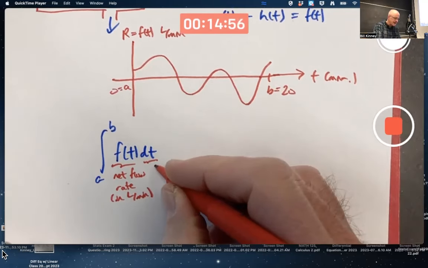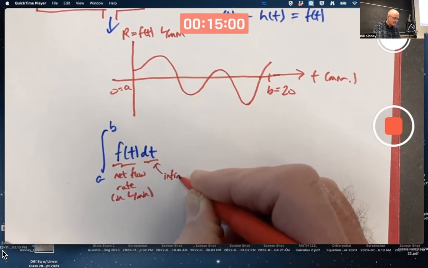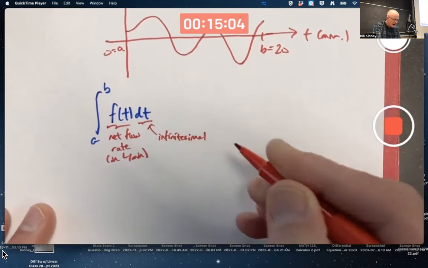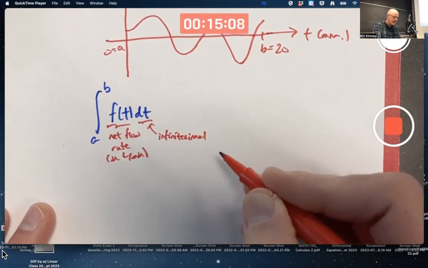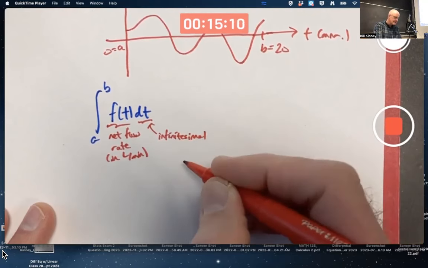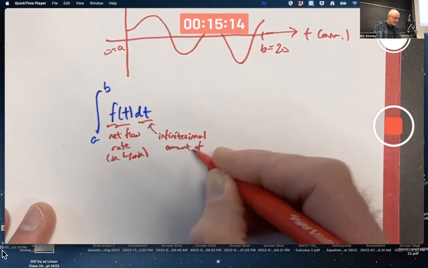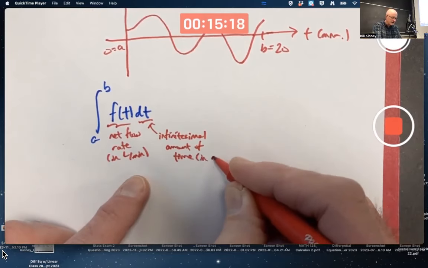Imagine this is an infinitesimal amount of time. Infinitesimal. See if I can spell it right. Infinitesimal amount of time. I mean, the units need to be the same. This would be in minutes.